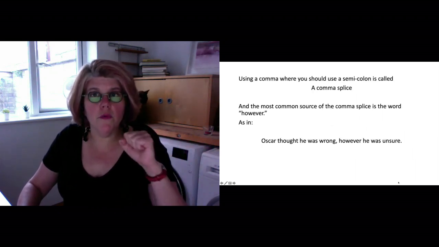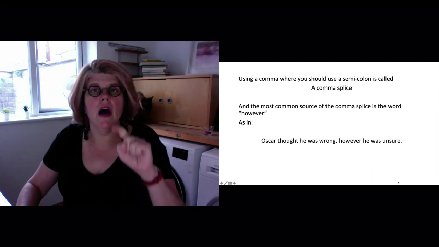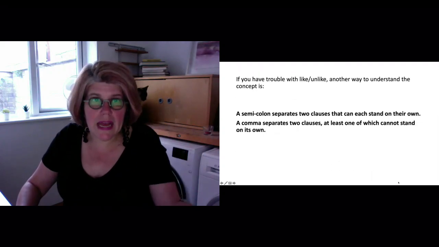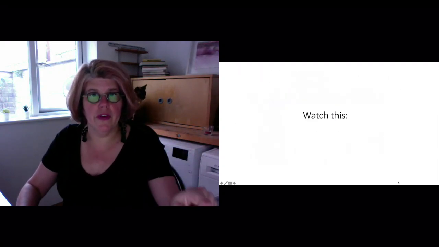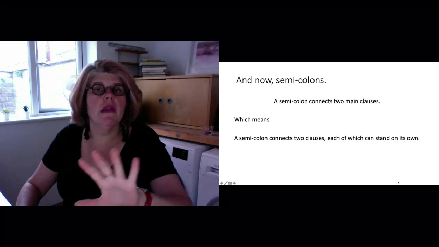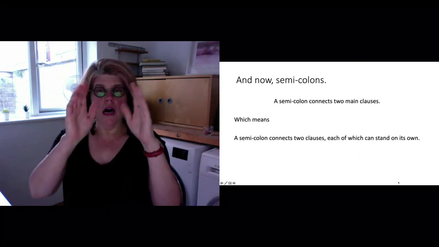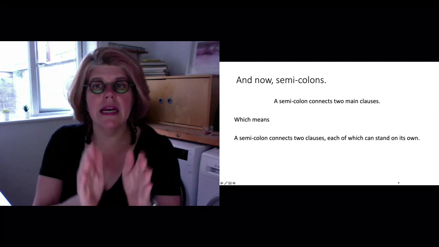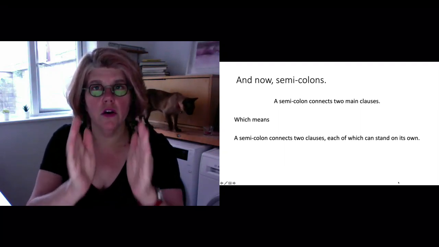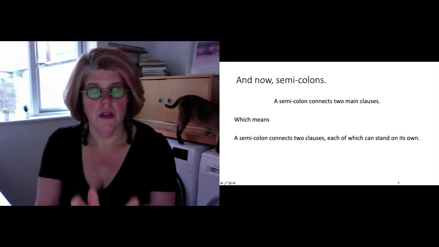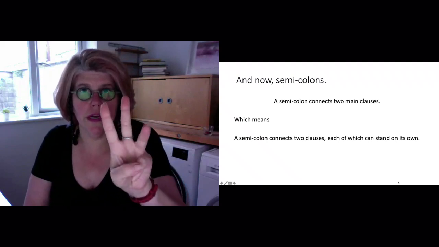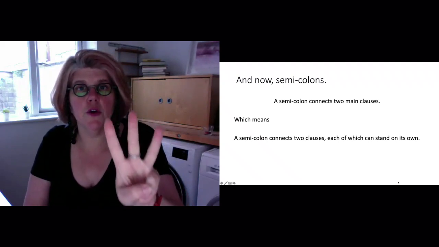Now, before we get to the comma splice, I'm going to go over again how you use a semicolon because we've got plenty of time. Don't worry about it. A semicolon connects two main clauses. There are three possible ways to remember this. Here we go.